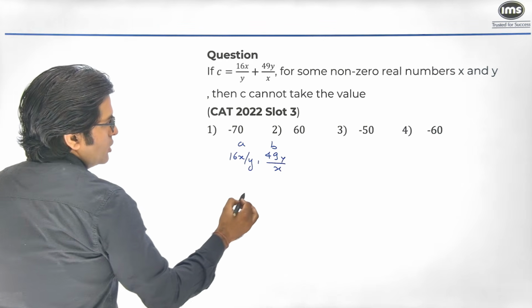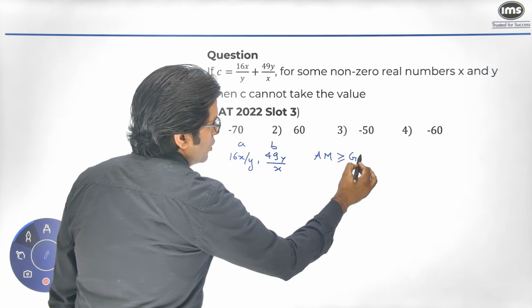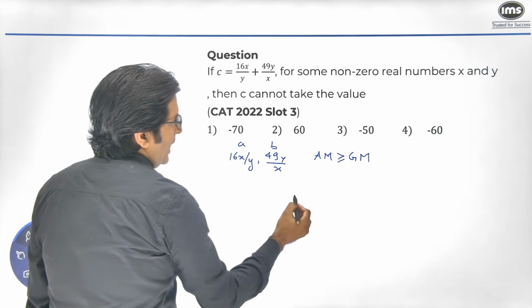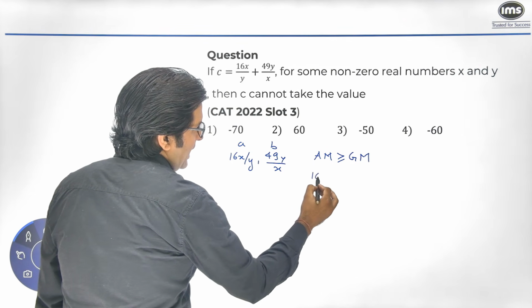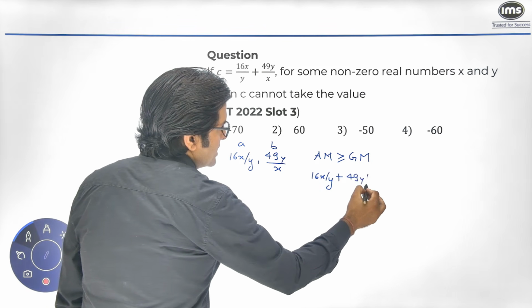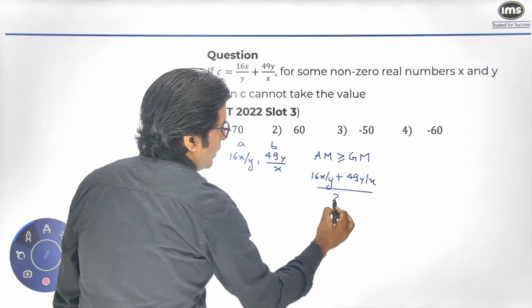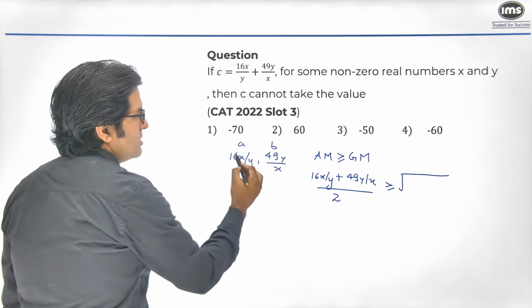Let's apply that. So I'm just simply applying arithmetic mean greater than or equal to geometric mean. Arithmetic mean of a and b will be a plus b by 2. So I'm writing this as 16x by y plus 49y by x, this whole divided by 2 has to be greater than or equal to the product of these numbers, which is AB.